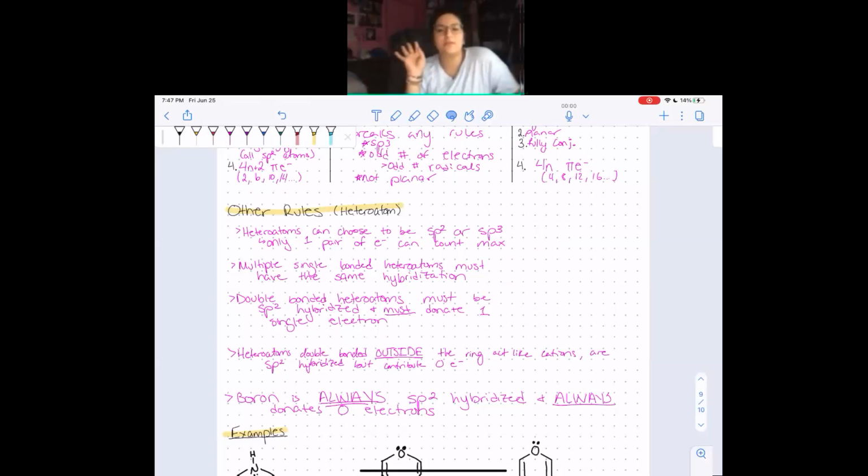That might sound weird; we'll go over that in just one second. Just also note that if you have multiple heteroatoms that are all single bonded, they must all have the same hybridization. However, if you have a double bonded heteroatom, it has to be sp2 hybridized.